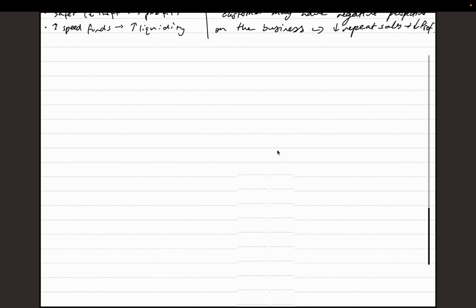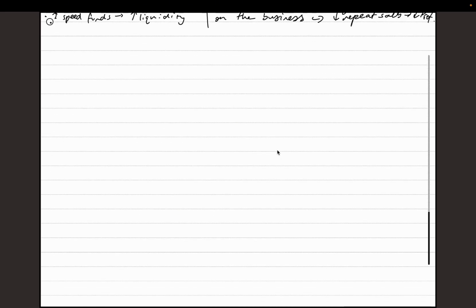Now, letter of credit. Definition. Wait, hang on. I've got a really good definition here. I do not want to get it wrong. So I'll use the textbook definition.